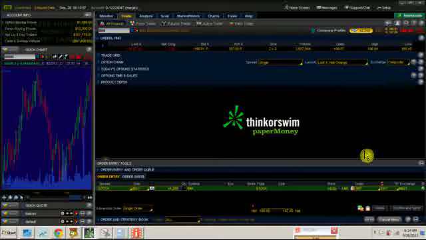Okay, limit is you're limited to how much you want to pay for it. Okay, I don't want to pay more than 15 bucks. So if the stock is at 15.01, then I'm not going to buy it. If it's at 14.50, then I will buy it. Give me the best price at that order at that moment in time.